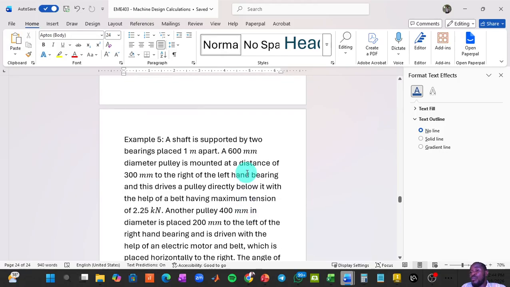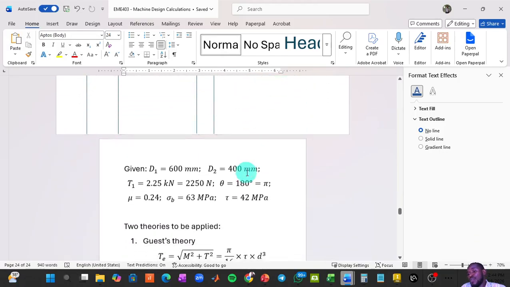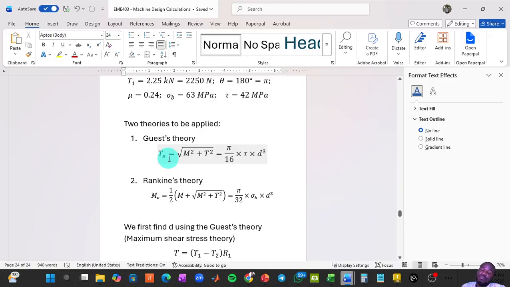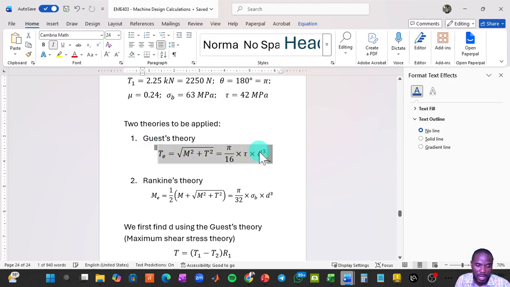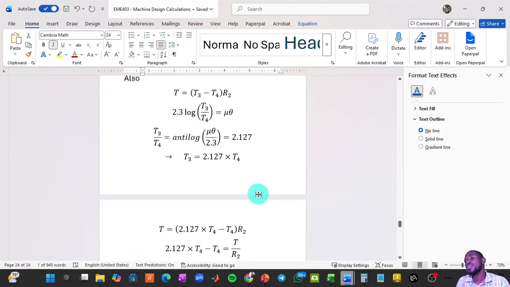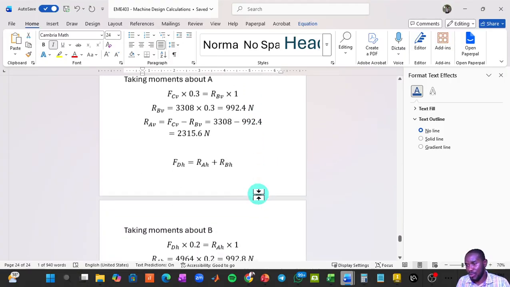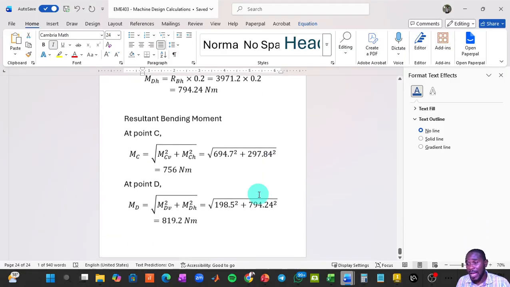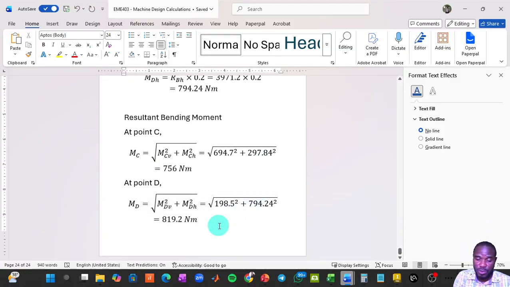Now we can go back to the Guest theory, or the maximum shear stress theory, and find what the value of the diameter should be. Since we already know tau, we're able to find what T is, and we have also now determined the maximum bending moment. So I'm going to copy this equation because we're using it now, and go right back down to the bottom where we were.